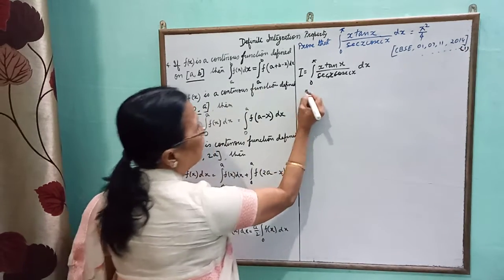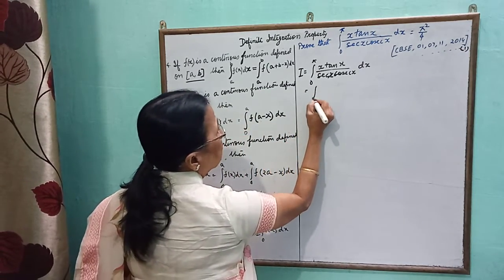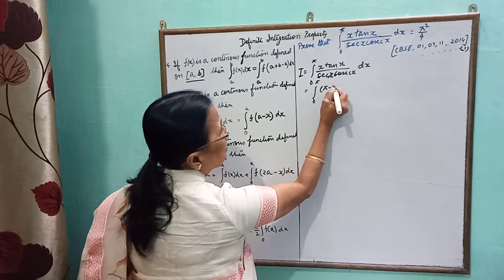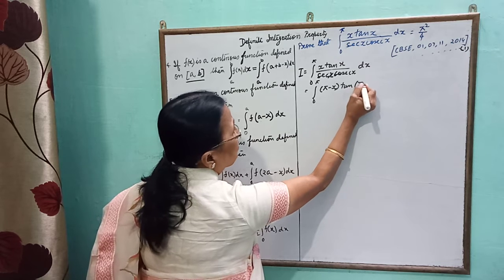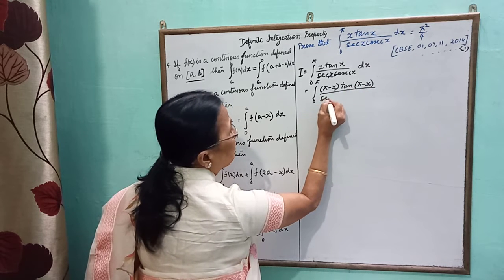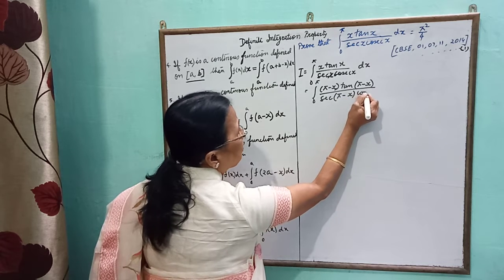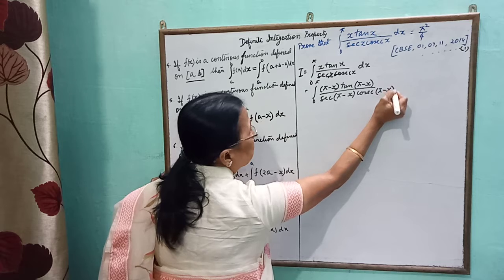Now using the property I told, f(a minus x), I can write integral 0 to pi of (pi minus x) tan(pi minus x) divided by sec(pi minus x) cosec(pi minus x) dx.